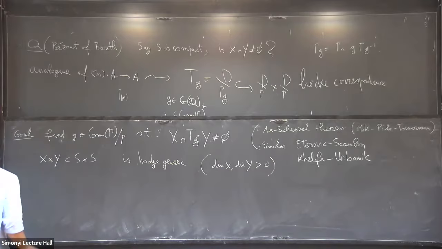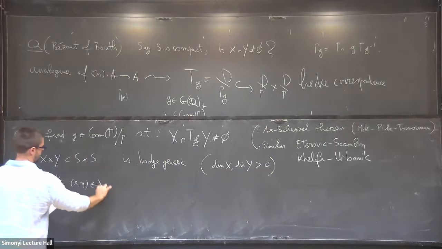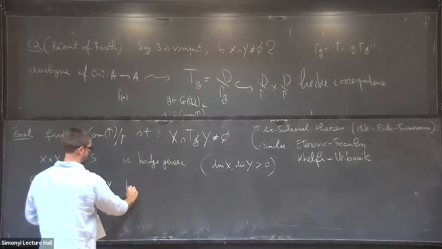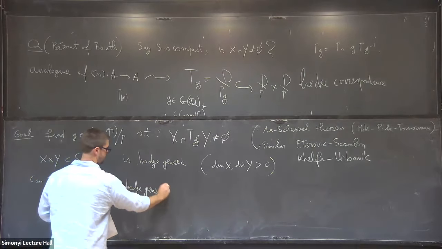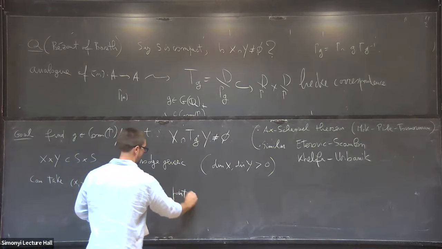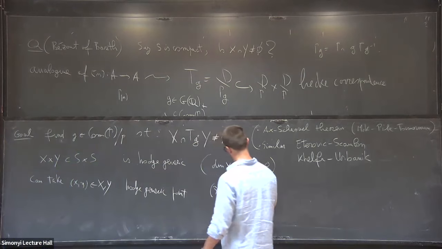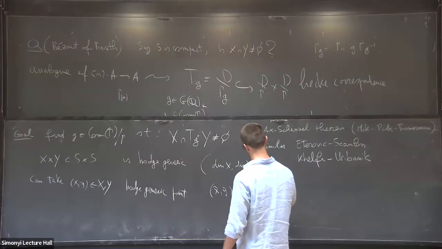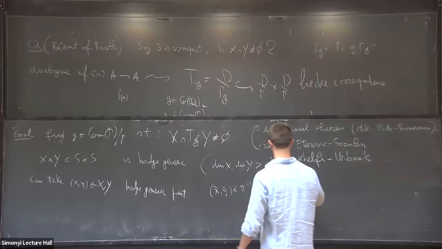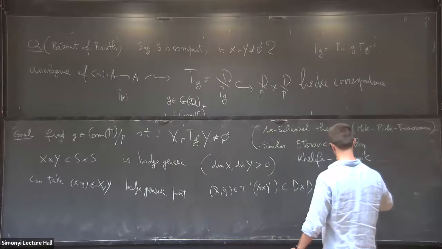So we'll be very quick. I hope it's clear. So we can take x, y in x cross S, a generic point. And can also take x tilde, y tilde inside pi minus 1 of x cross y, inside d cross d, where pi is the uniformization map.